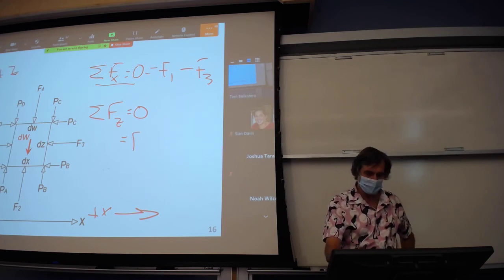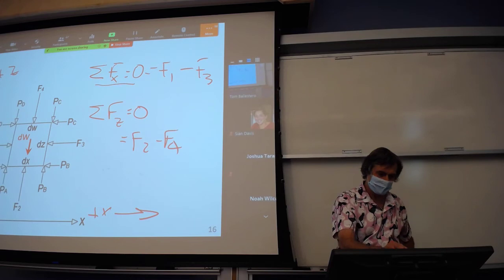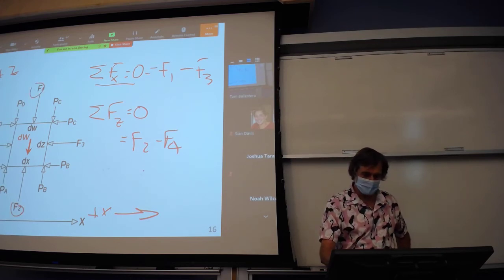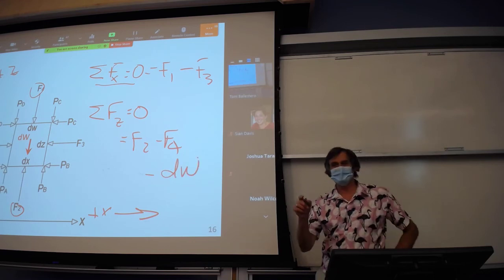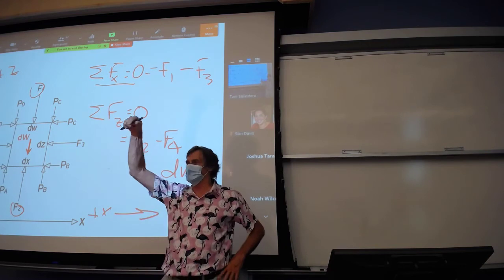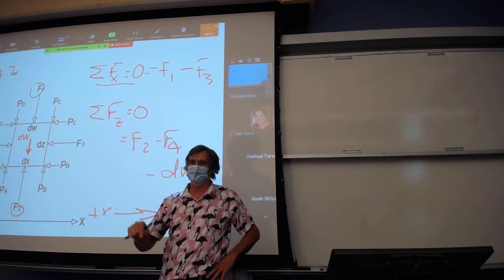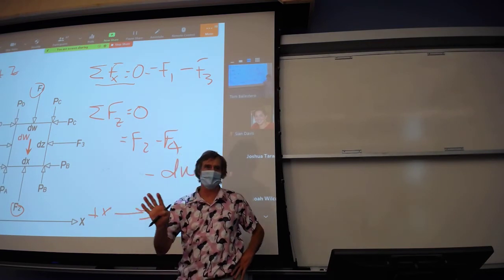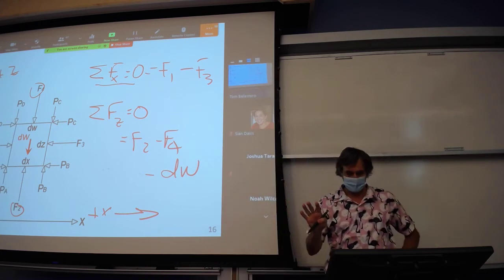So F2 minus F4. F4 is acting down. F2 is acting in positive z, minus dw. So when we say minus dw, we just recognize that gravity is acting in the negative z. So we've already accounted for the sign convention for gravity and weight.